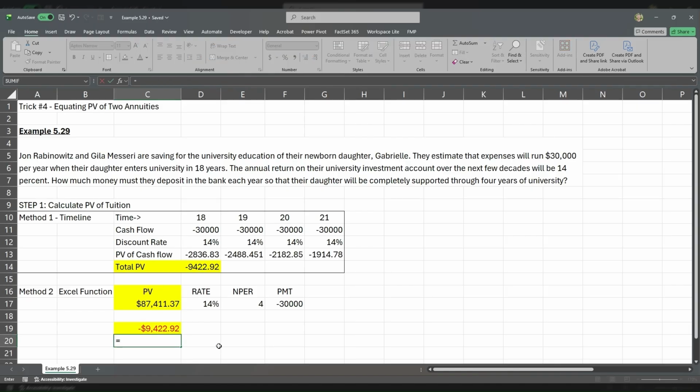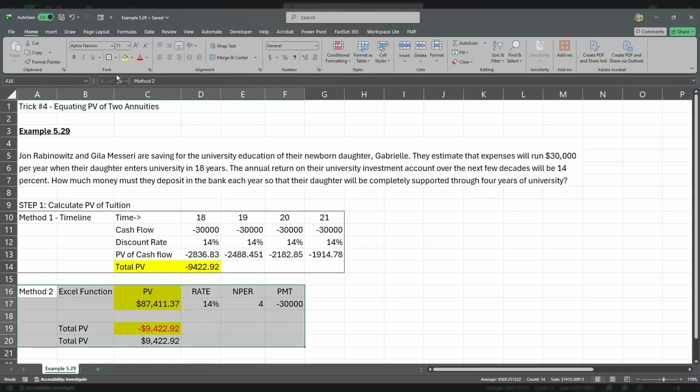Alternatively, I could do my future value divided by 1 plus the discount rate, which is 14%. So I'll do that to the power of 17, and I should get the same amount. So there we have it. That's step one, to calculate the present value of the tuition.